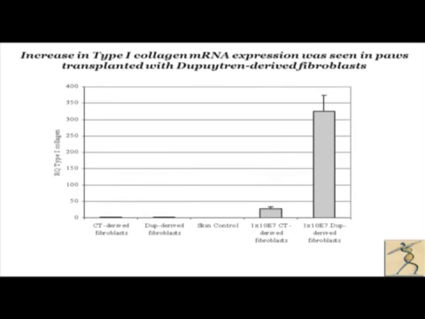We looked also at type 1 collagen mRNA expression. Once again, here are carpal tunnel and Dupuytren's-derived fibroblasts in culture. And both carpal tunnel and Dupuytren's-derived cells in the forepaws demonstrated increased type 1 collagen mRNA compared to their expression in culture, but the Dupuytren's-derived fibroblasts had a vastly increased expression of type 1 collagen in the forepaws.